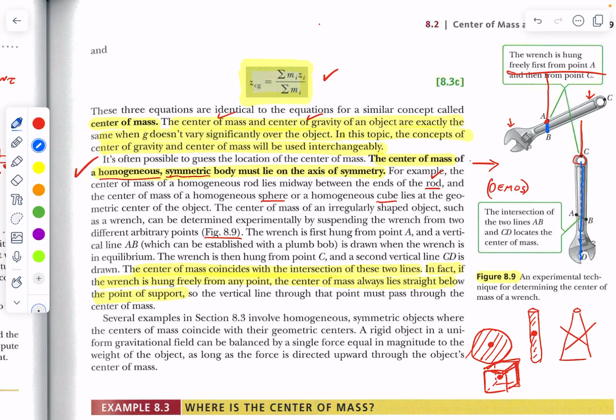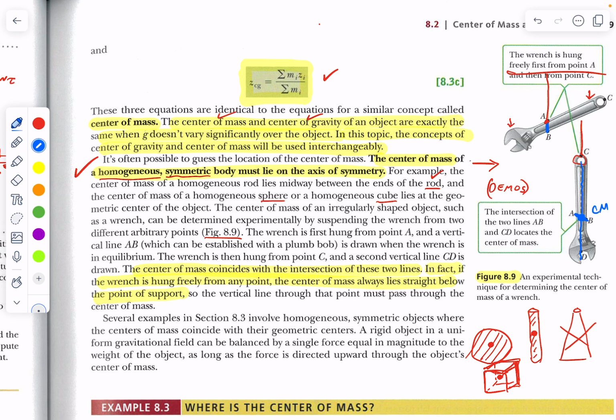You will notice then that the old line from point A to B and the new line from point C to D intersect right here. This then is going to be our center of gravity or our center of mass.